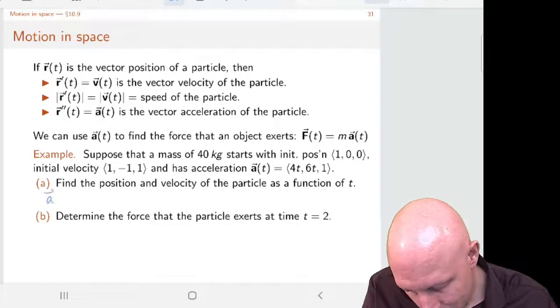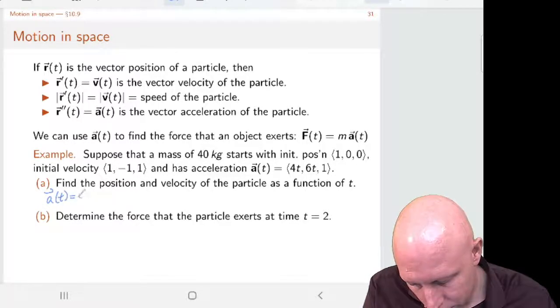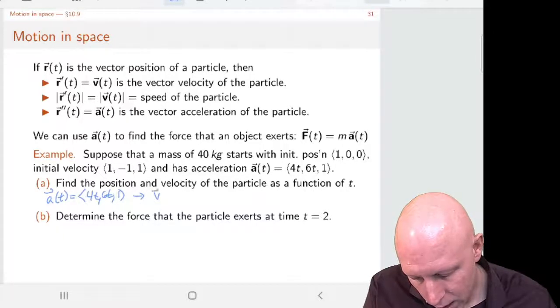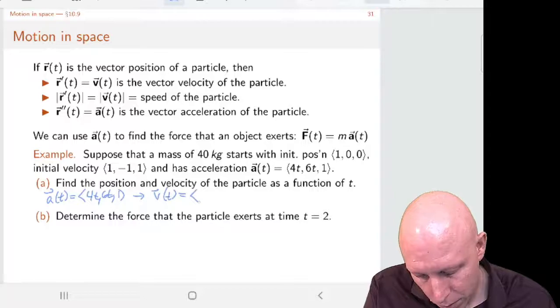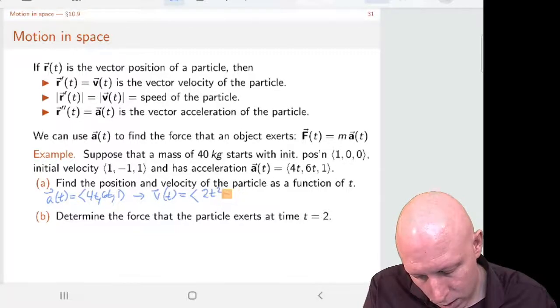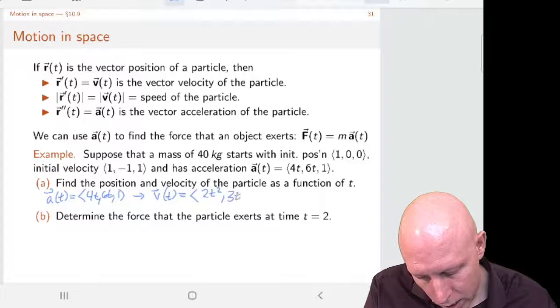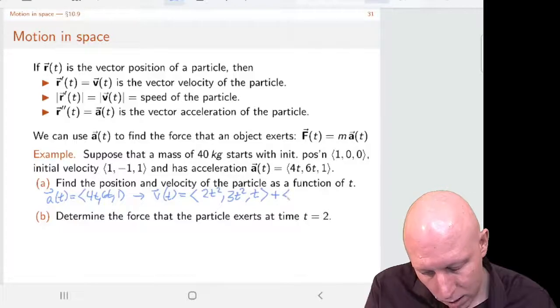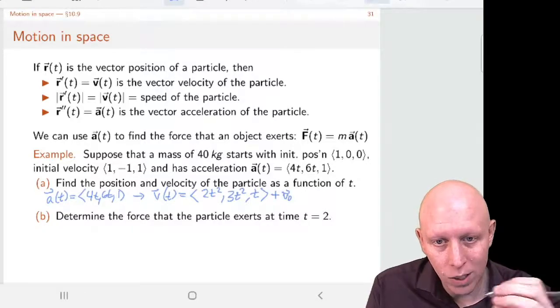If we have a of t equal to (4t, 6t, 1), then the velocity of t is equal to (2t squared, 3t squared, t) plus some constant, v naught, let's say. When you integrate, you have to get a constant of integration.